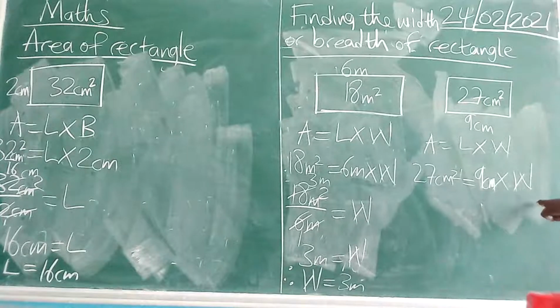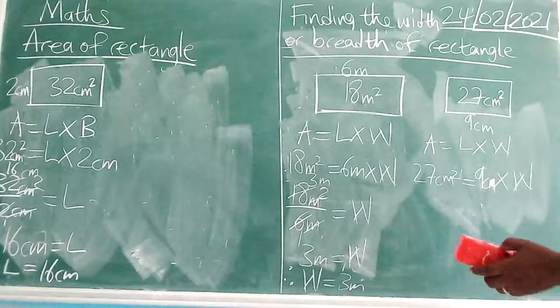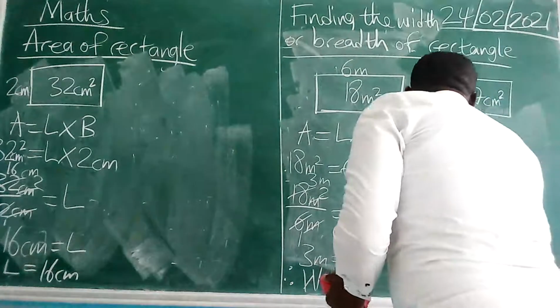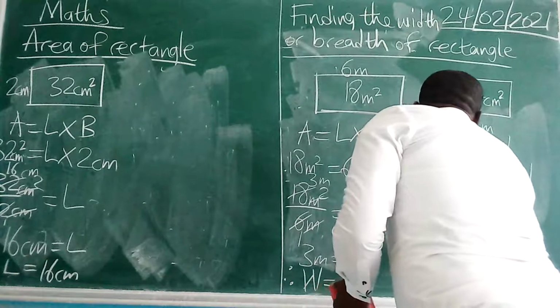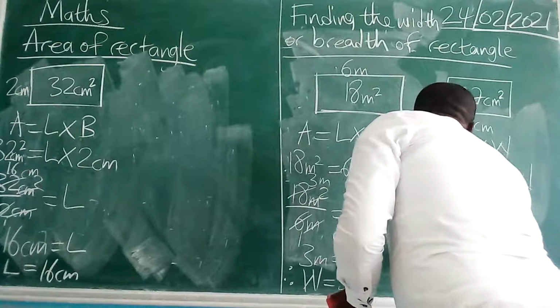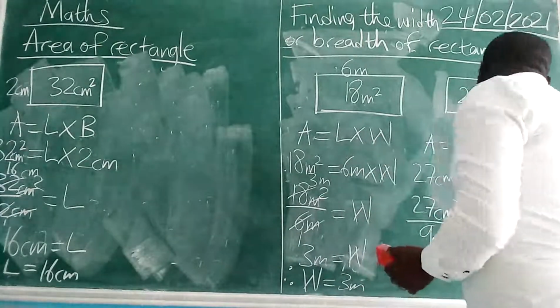Now we have to find the width. So we are going to write 27 centimeters square over 9 centimeters equals width.